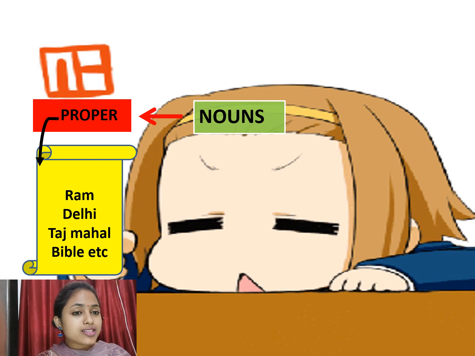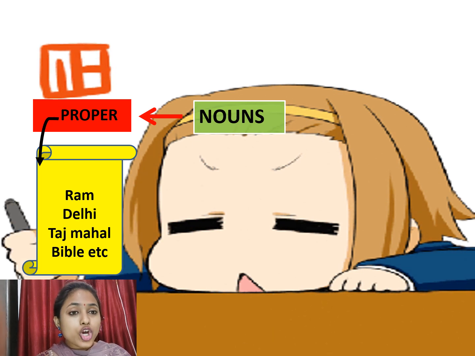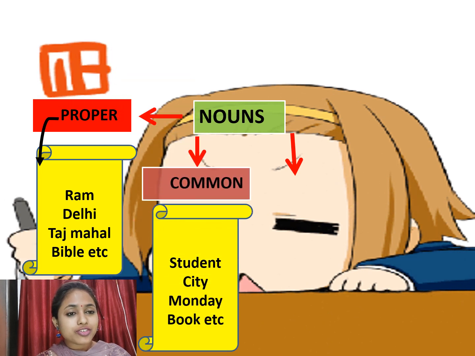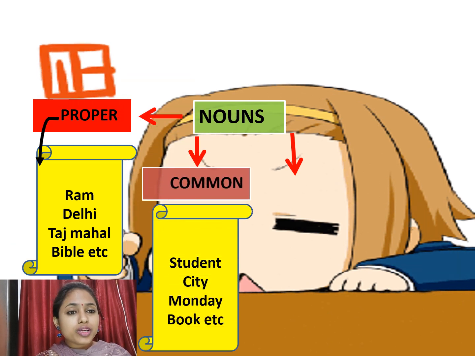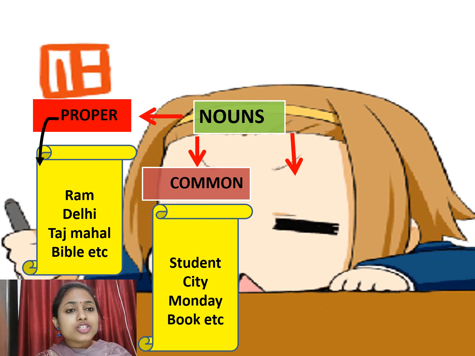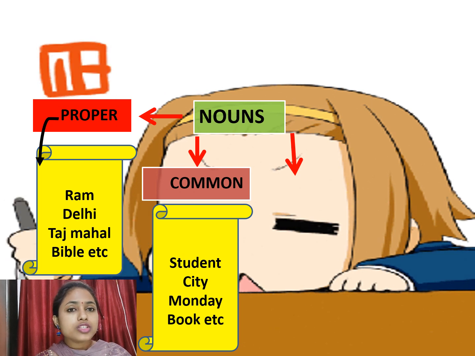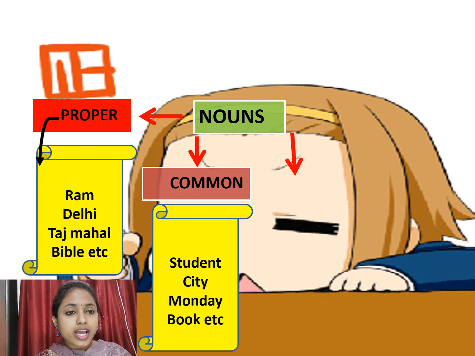Let's move to the next type of noun, that is common noun. The name itself tells you the definition, right? So what it should be? That it does not specify something. Okay. So let's take some examples. Examples are students. Which student I am calling? Any can come.